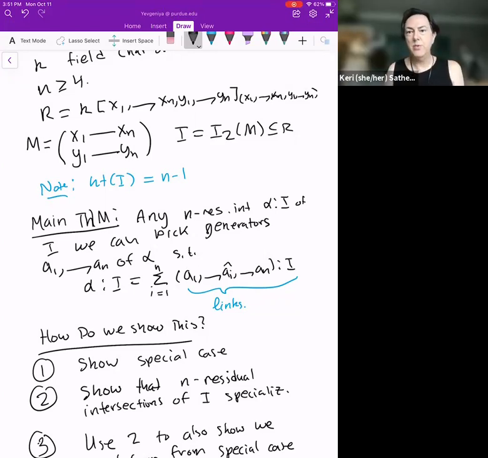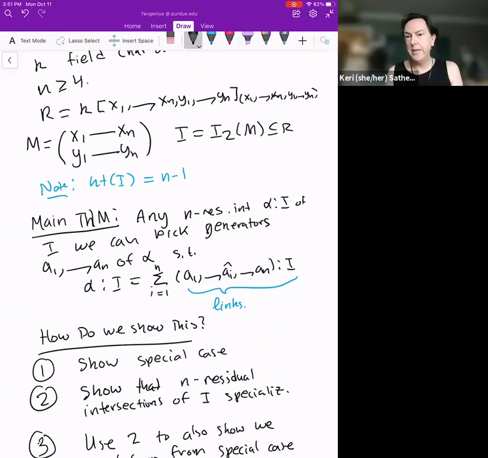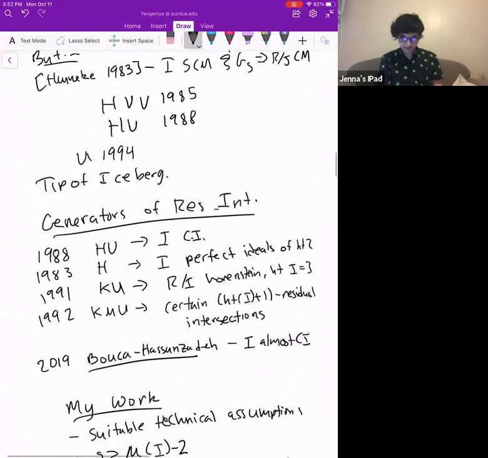I have one sort of broad picture question. One of my favorite linkage tools is Huneke and Ulrich's generic constructions, right? Has that been extended to the residual intersection situation?